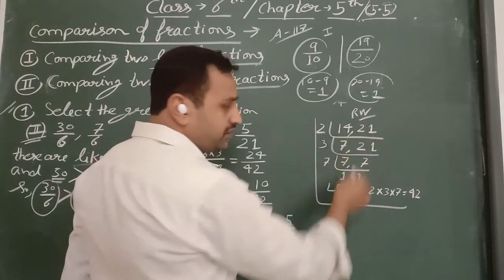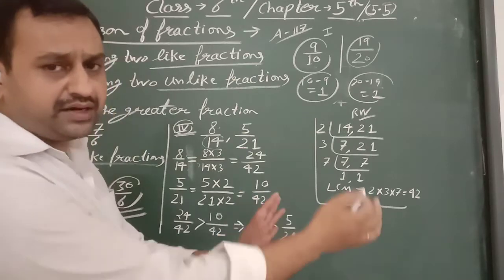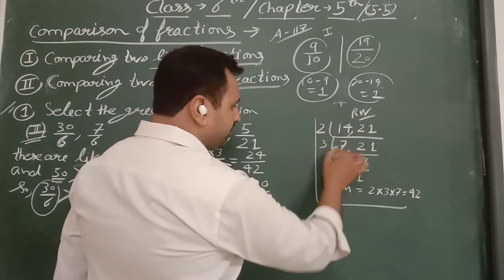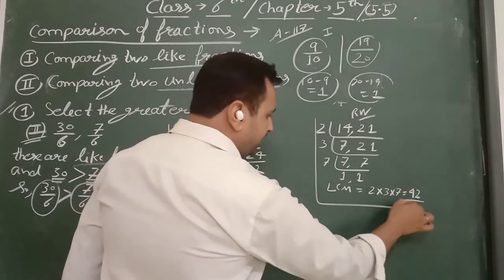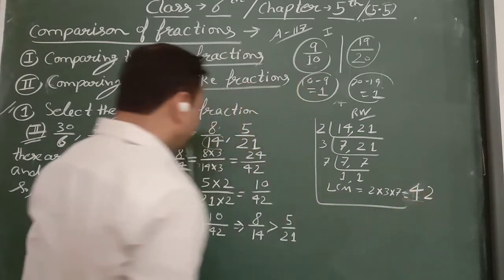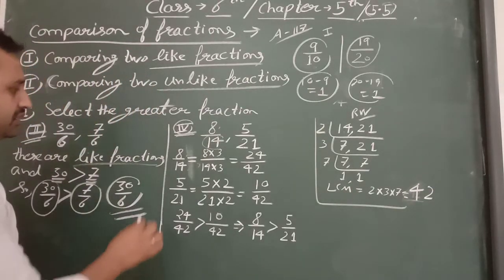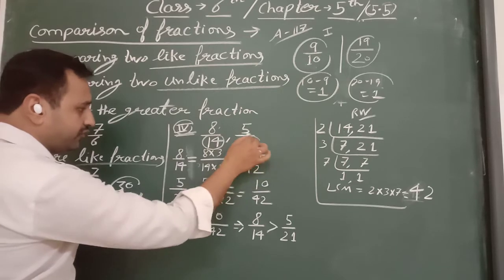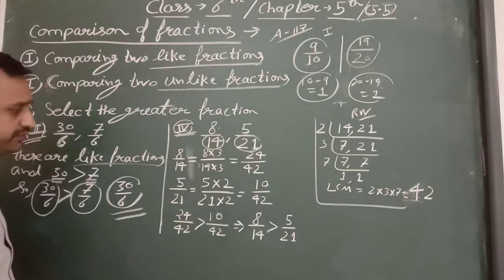14 and 21. And remember, do your rough work on the right hand side in a box. 14 and 21, we find the LCM, and the LCM is 42. Now, what is the method? In both fractions, we convert the denominator of each fraction to 42.